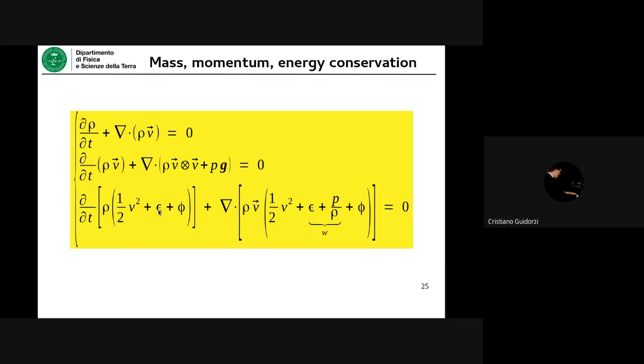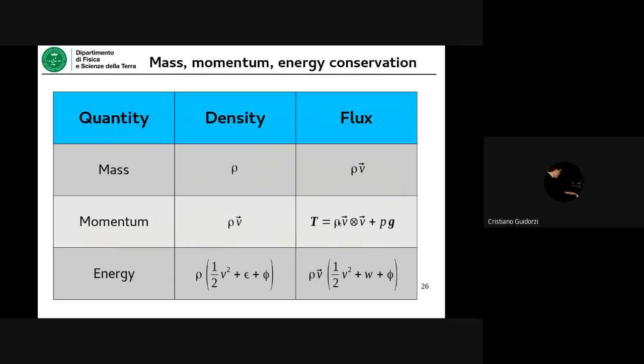Here, energy density, internal energy, here, enthalpy. And this table is something that I really strongly advise you to look at. Just make sure you give full sense to this table. I would advise you to remember it, this is very useful, because if you understand this table, you are fully in control of what is relevant to understand the fluid dynamics in the case of ideal fluids.